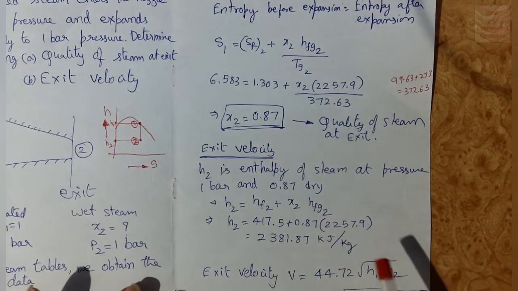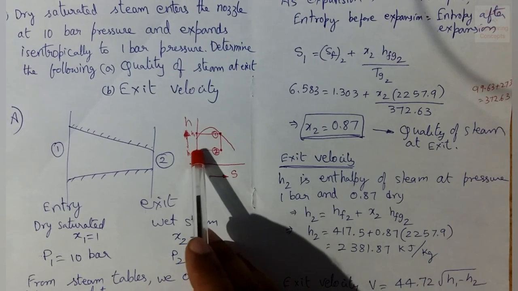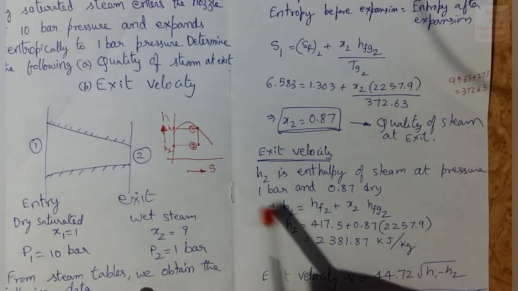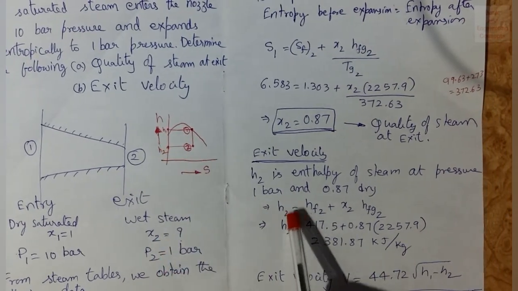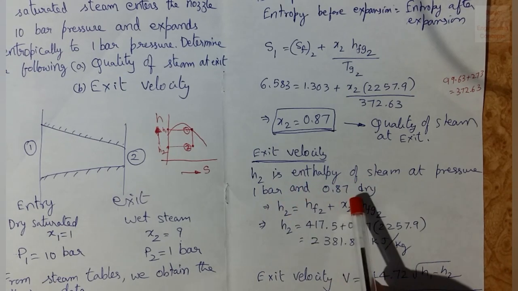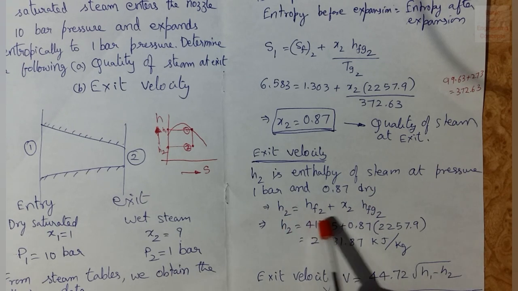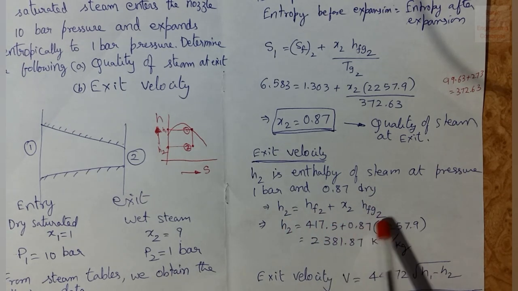Next, exit velocity. We have to find H2. How do we find H2? H2 is the enthalpy of steam at a pressure of 1 bar and 0.87 dry. So H2 is equal to HF2 plus X2 into HFG2.